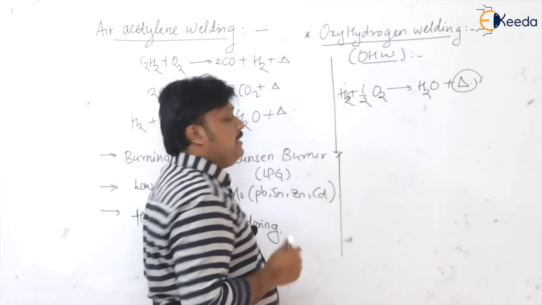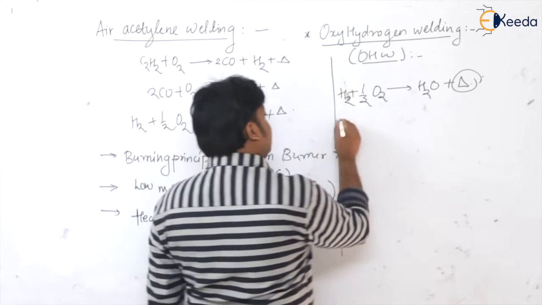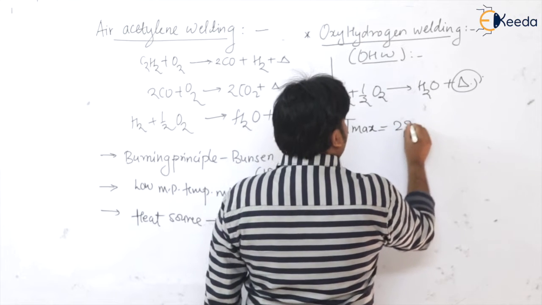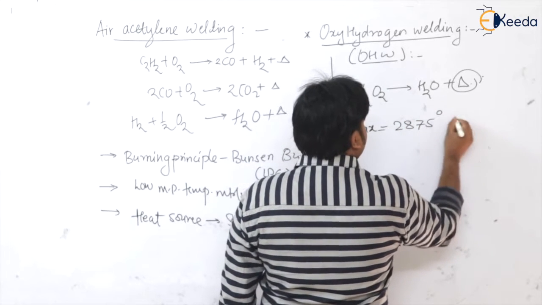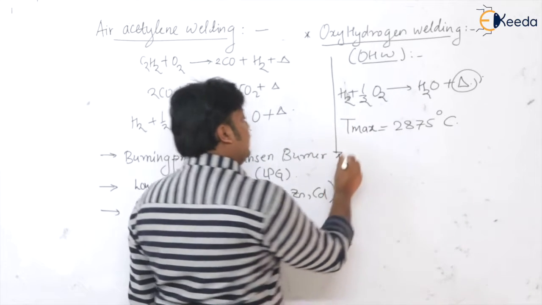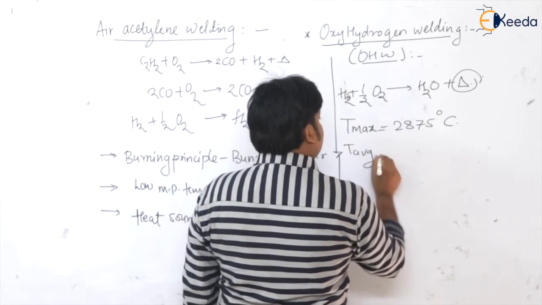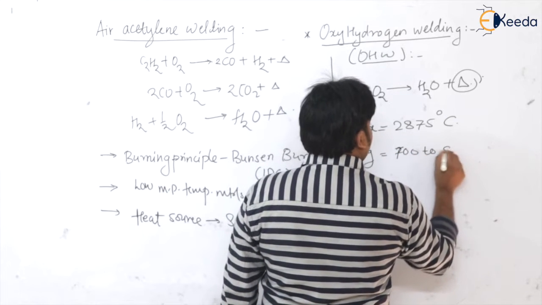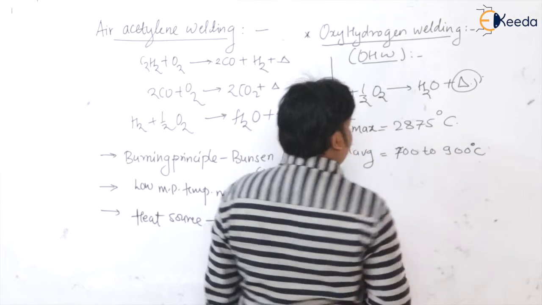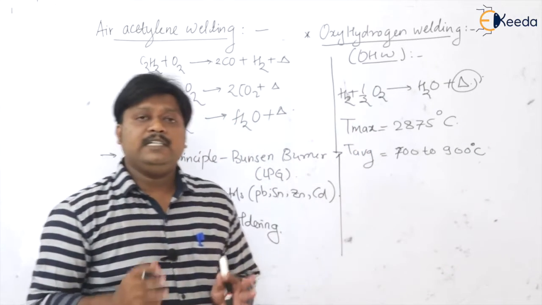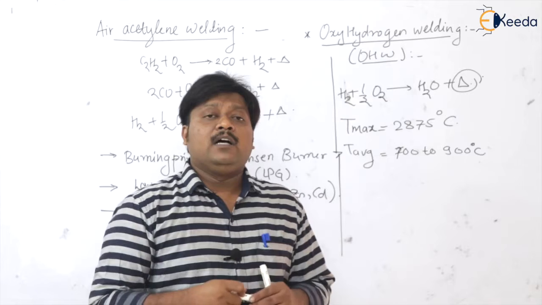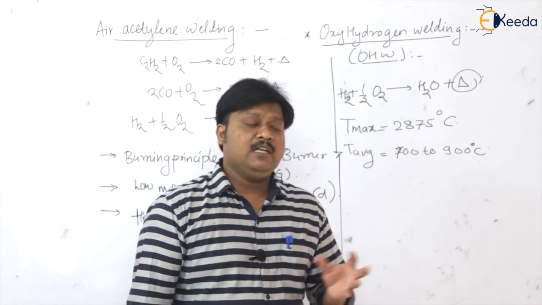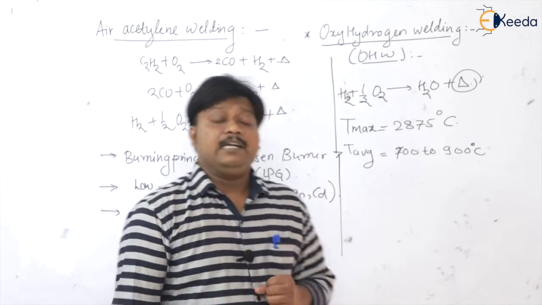The maximum temperature of the oxyhydrogen flame is around 2875 degrees centigrade, and the average temperature is around 700 to 900 degrees centigrade. This technique is also suitable for welding low melting point materials, again like lead, tin, zinc and cadmium.